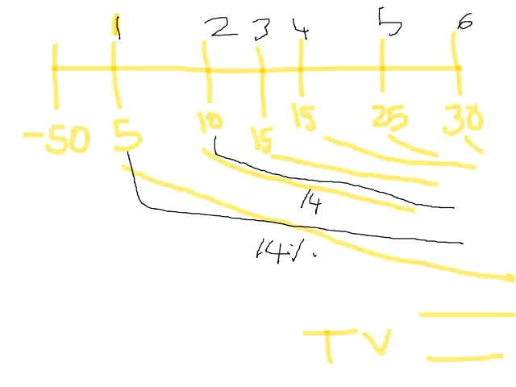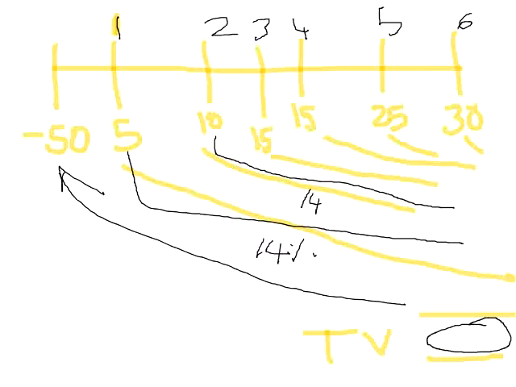Add them all up, and you get a value known as terminal value in year 6. Find the rate at which 50,000 today equals the terminal value in year 6.